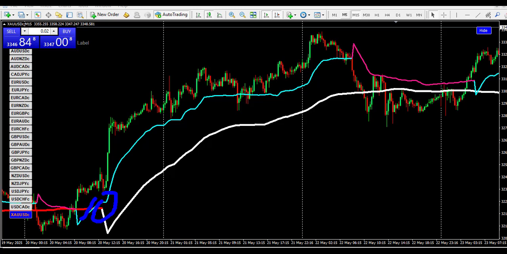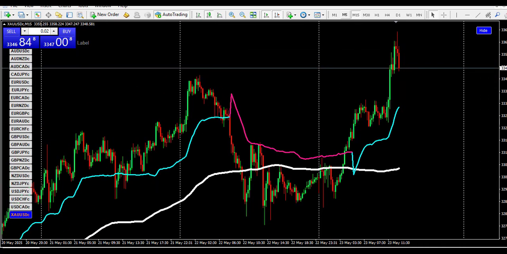So we have a buy confirmation at this particular point to go long, and this did give us a good run. When you move forward a bit, we have another confirmation here to enter another buy, since the higher time frame is still pointing up, remaining white.